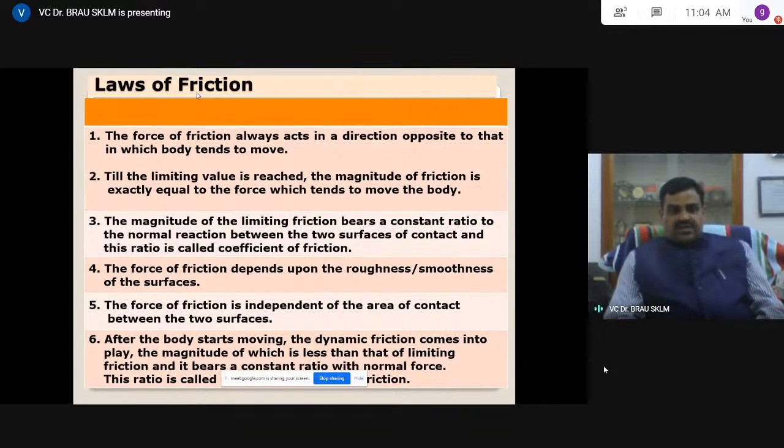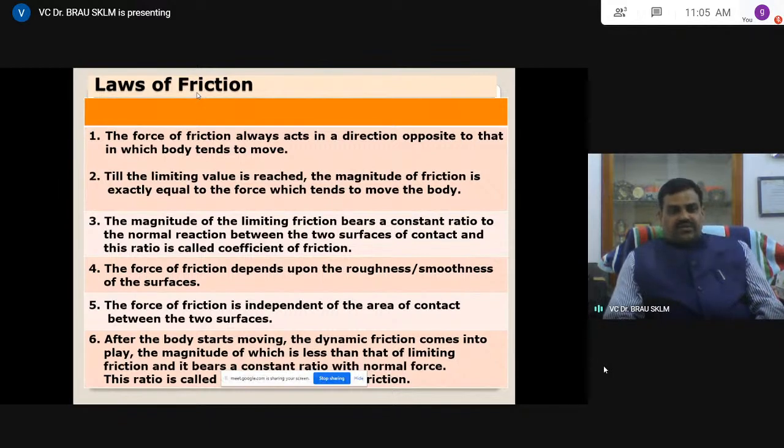The last law is that after the body starts moving, dynamic friction comes into play. Static becomes dynamic once the impending motion turns into movement.